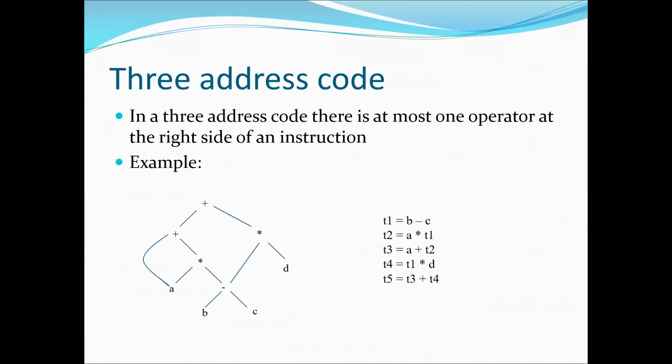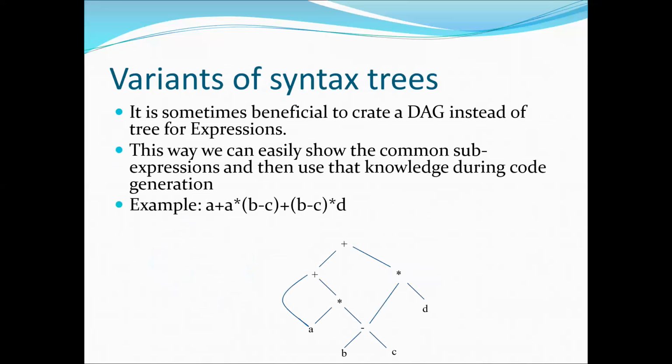Now, how are we going to generate three address code for a simple expression? Take the same expression, a plus a into b minus c plus b minus c into c.